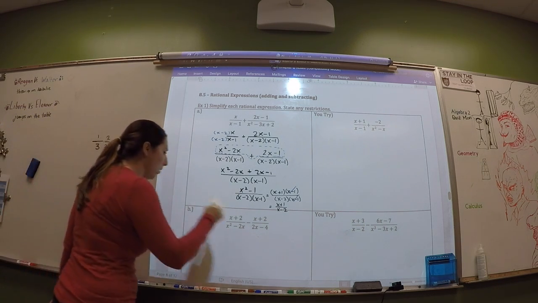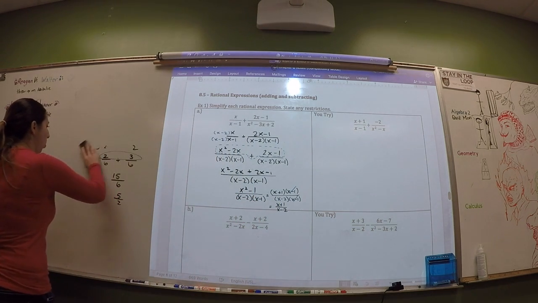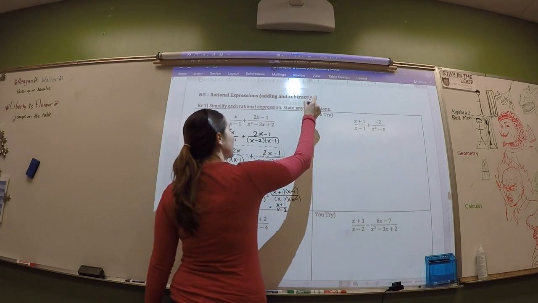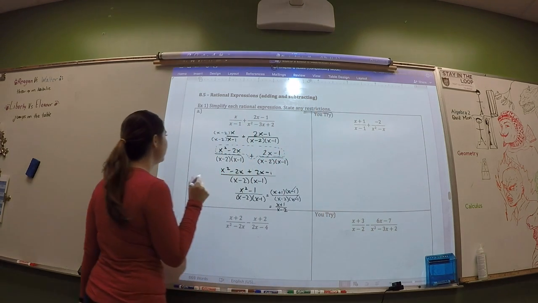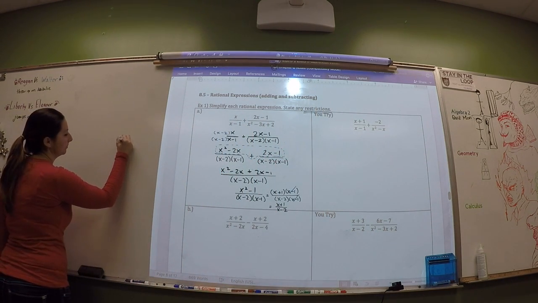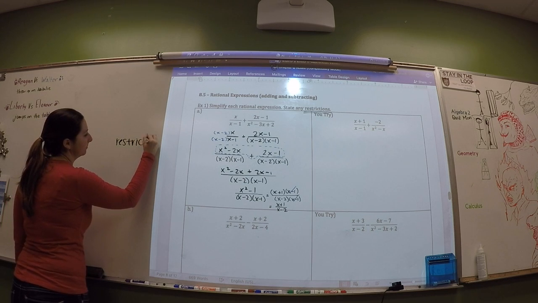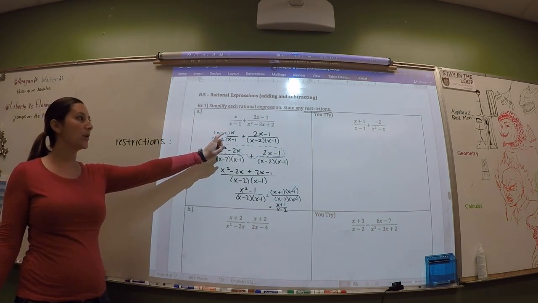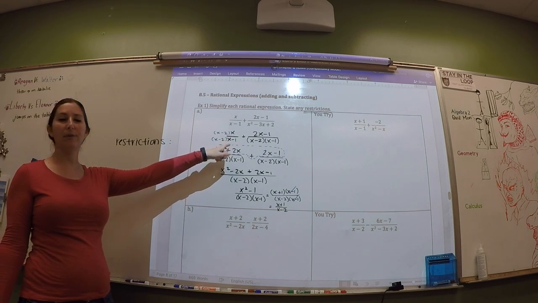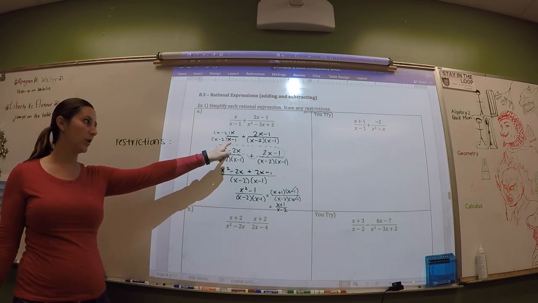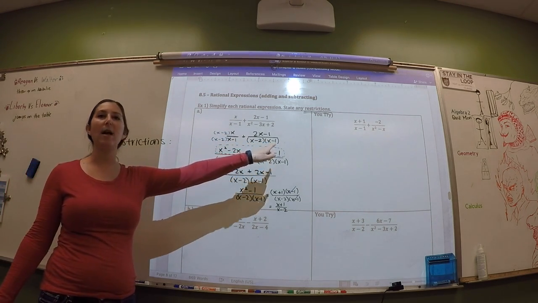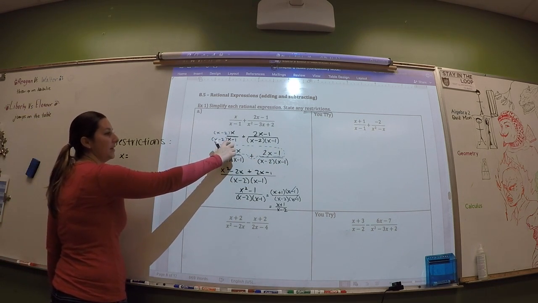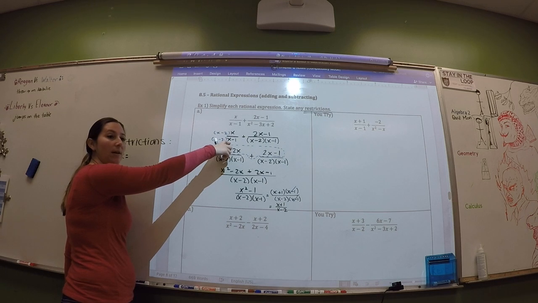Now, if asked for restrictions, okay, your denominators of the original are your restrictions. So if you look at the denominator, we have a 1 that would make that denominator 0.